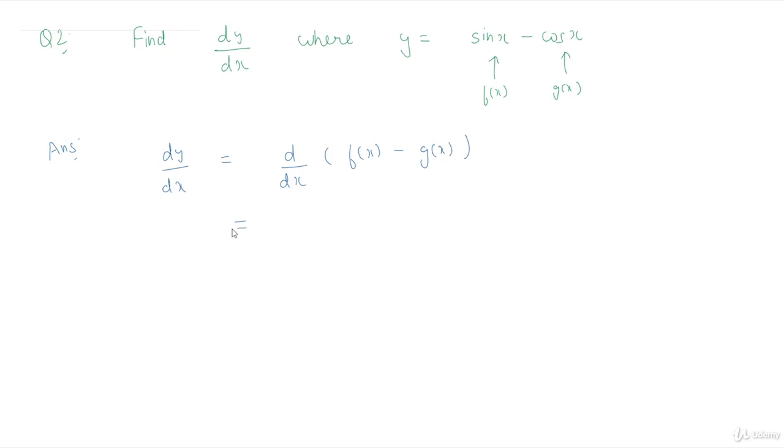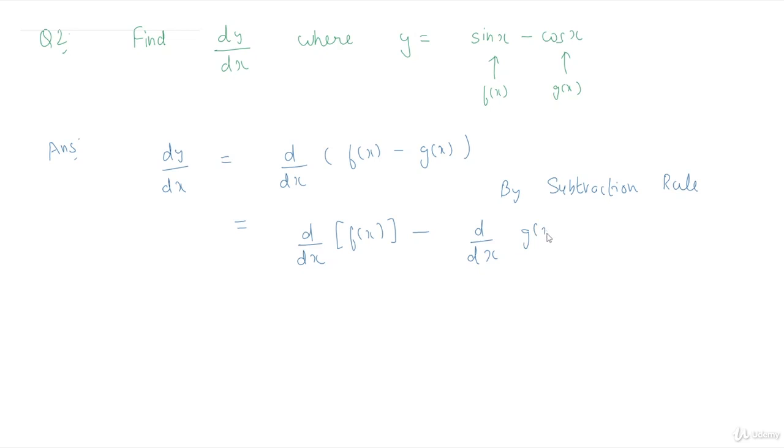Now you must have guessed which rule of algebra to apply here. Yes, we need to apply the subtraction rule here. So by the subtraction rule, we can write this thing as d by dx of f of x minus d by dx of g of x.